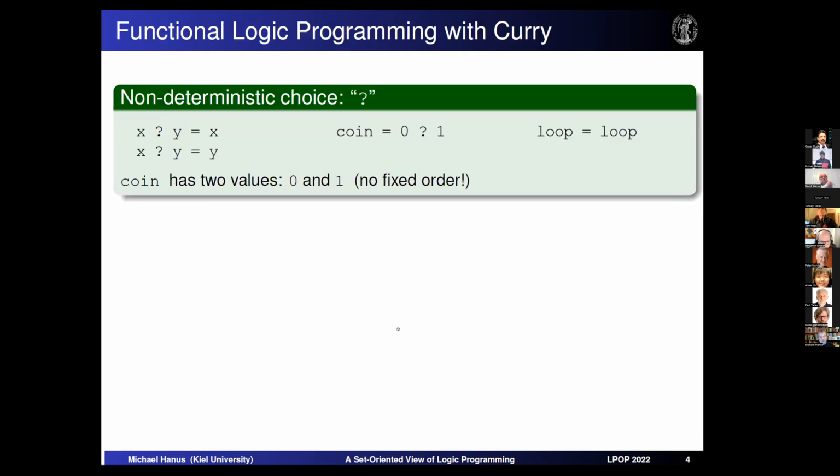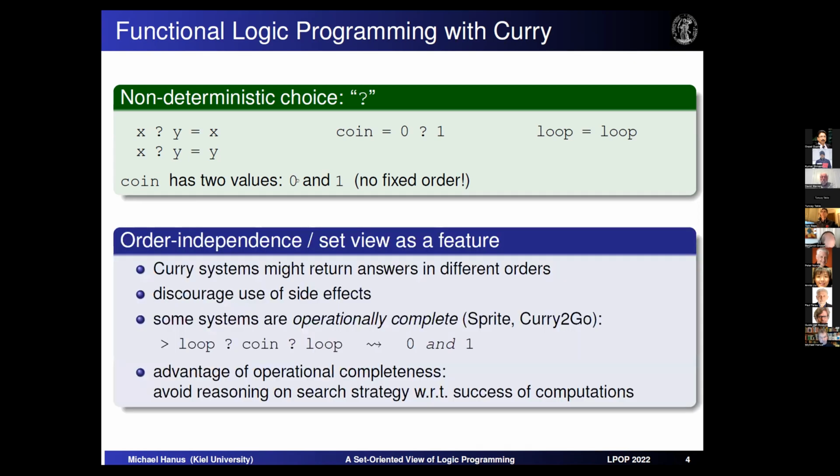So here's a simple example. The archetype of non-determinism in Curry is a non-deterministic choice operator, which is defined by these two rules. That means the non-deterministic choice either returns the first or the second argument. And if we, for instance, define coin to be equal to 0 or 1, then coin has just two values, 0 and 1. And there is no order in which these values must be produced by an implementation.